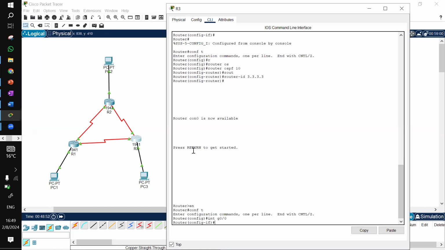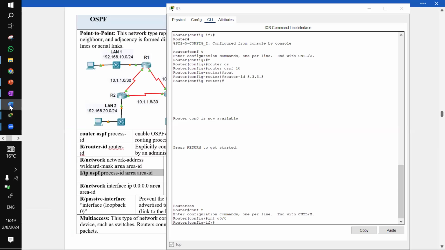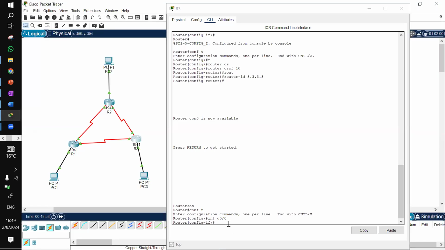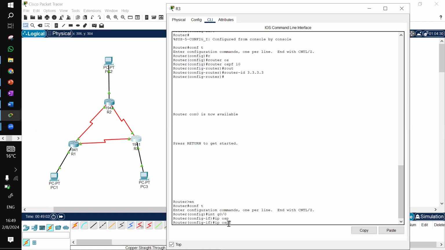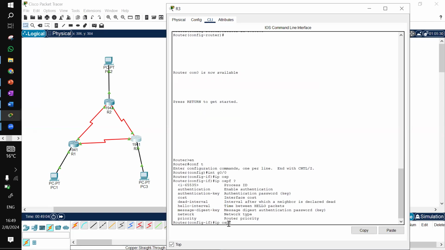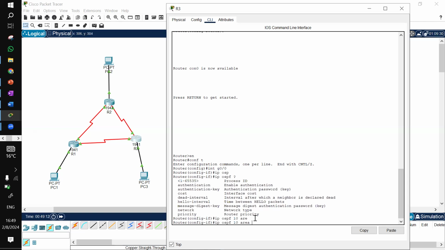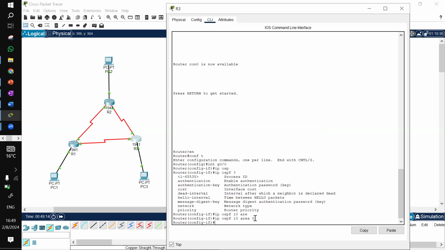So we have interface 0/0. From there, the command is ip ospf process ID, I think, ip ospf, the process ID 10, area 0, and that's it.